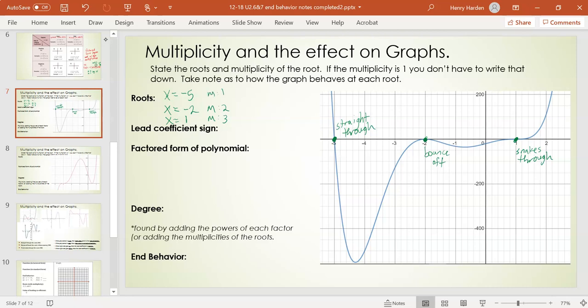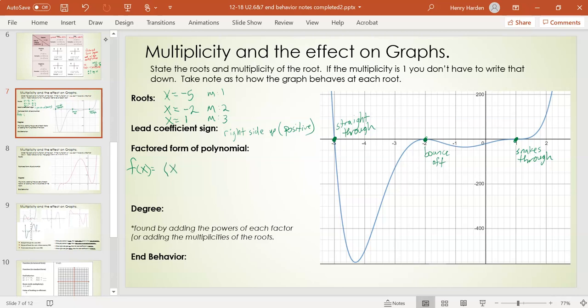So leading coefficient, the right side is up, so it's a positive leading coefficient. Okay. Now the factored form for this, remember, if you have your roots, you have the factored form. We have a positive leading coefficient.